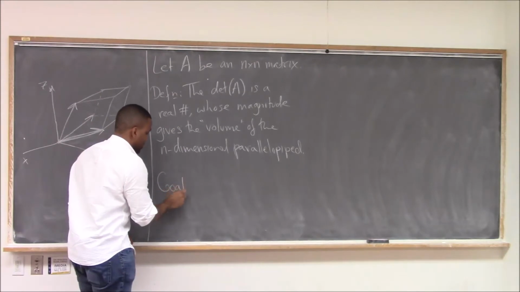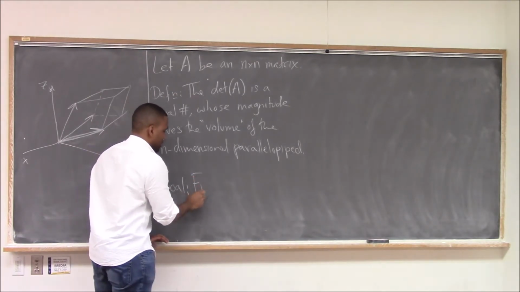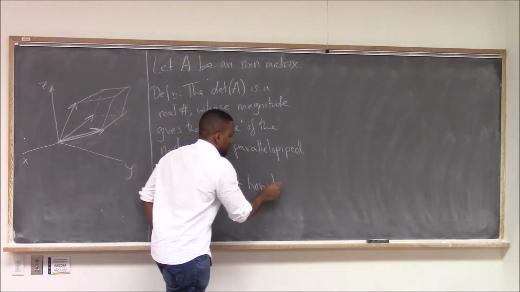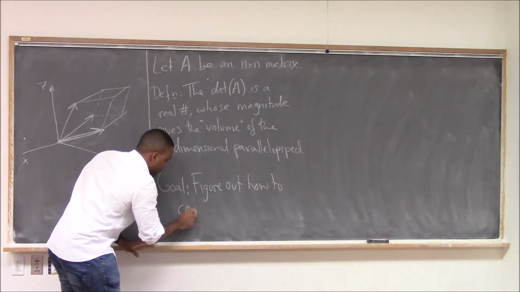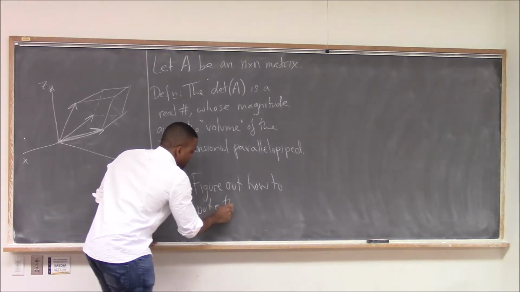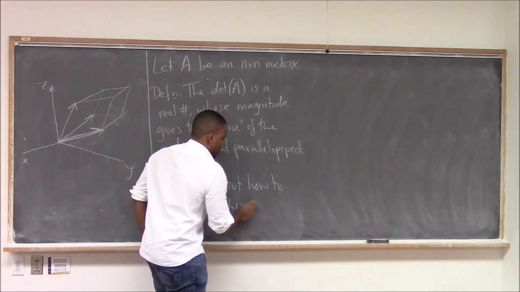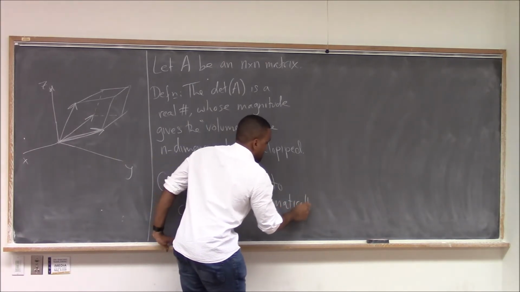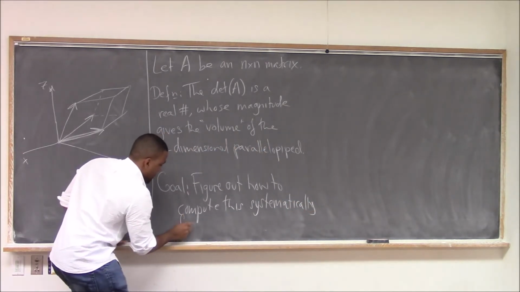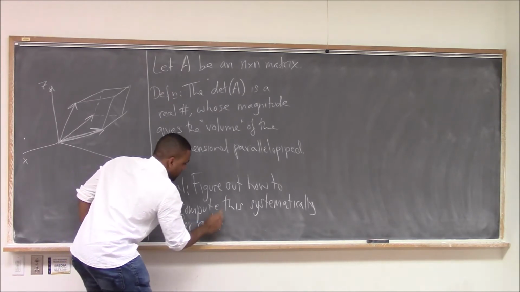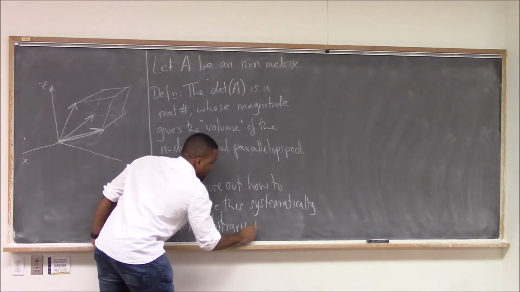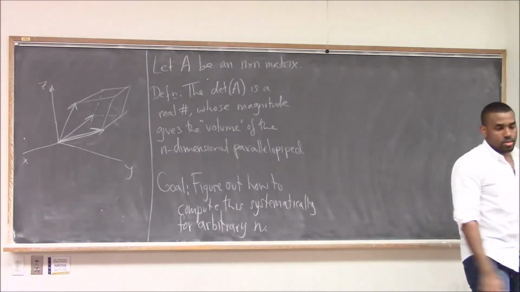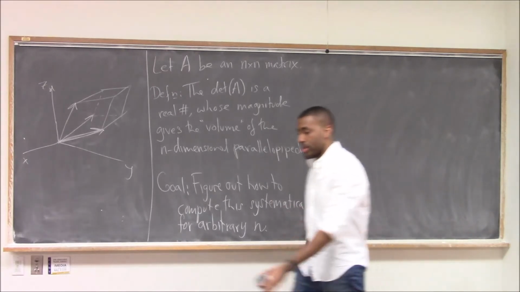Here's our goal. Let's figure out how to do this in general. So you tell me an n, so it could be a 2 by 2, a 3 by 3, a 7 by 7.